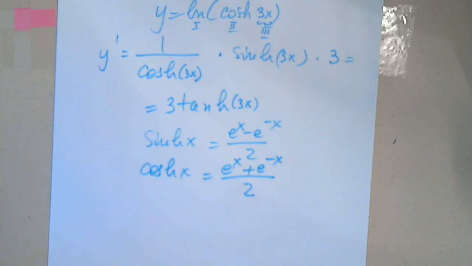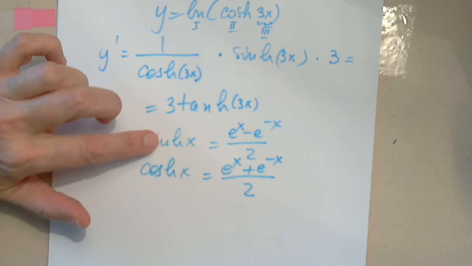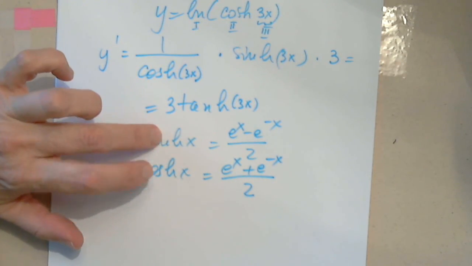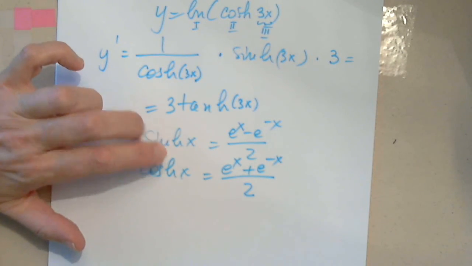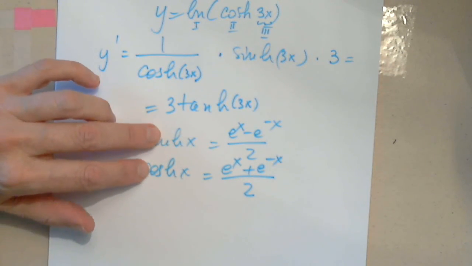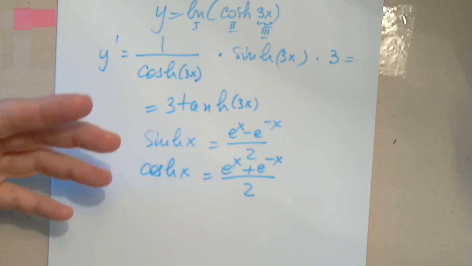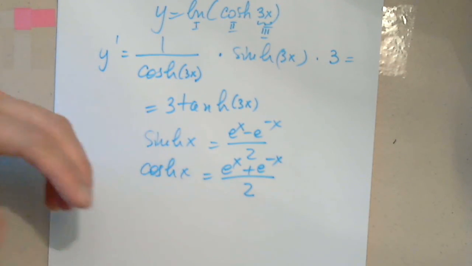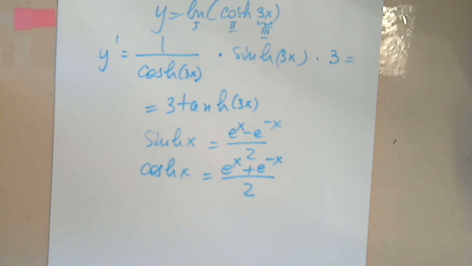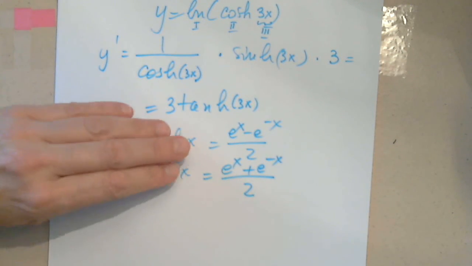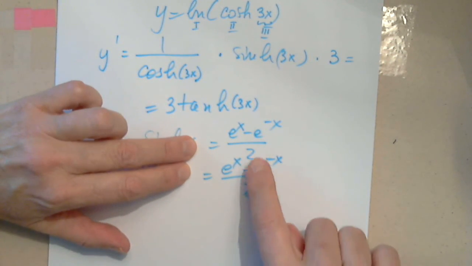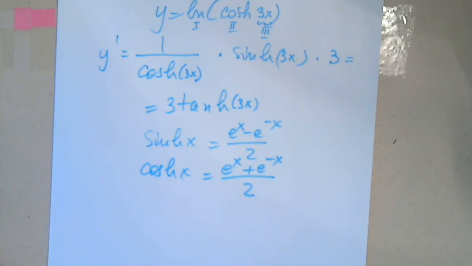They put sine, cosine, tangent, cotangent in front of hyperbolic because they have some properties similar to the properties of trig functions, but they are not trig functions. They are combos of exponential functions.